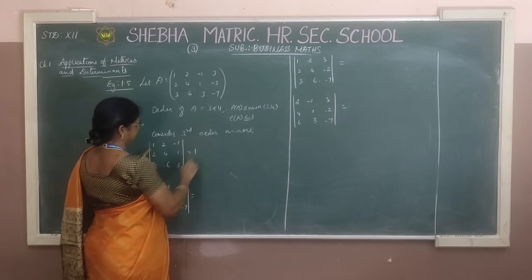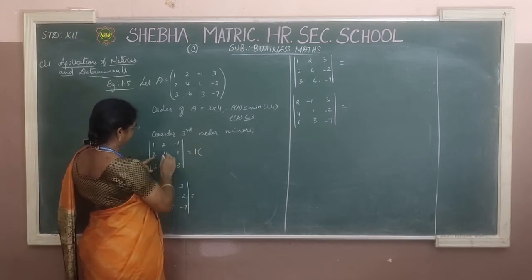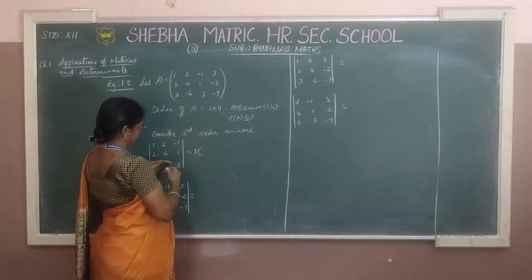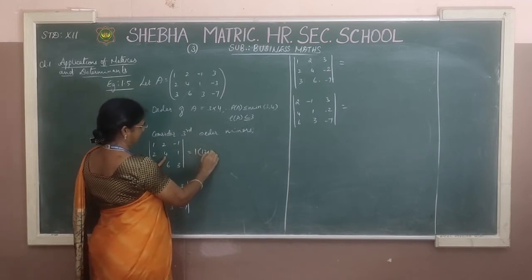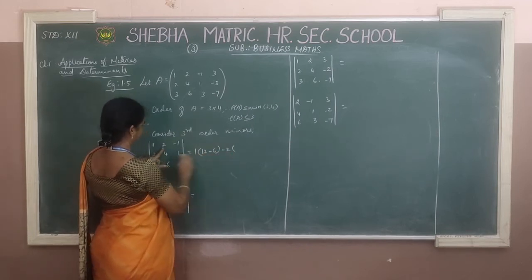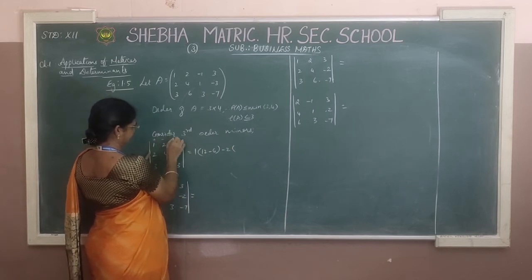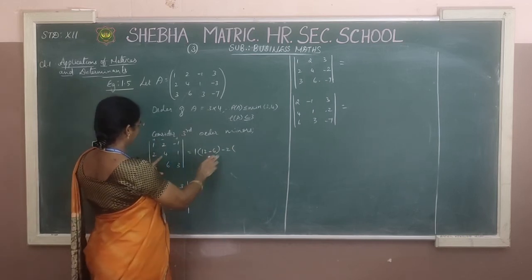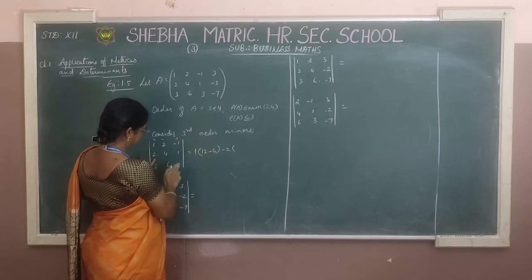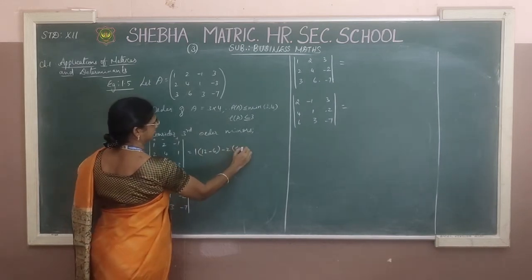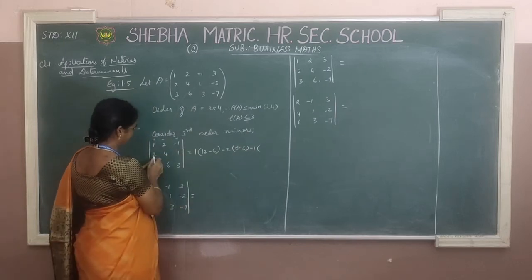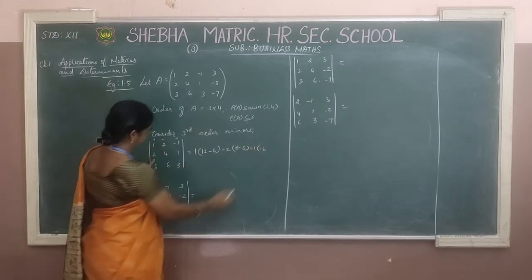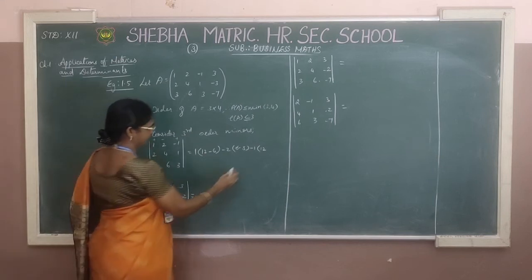First, write 1 and inside the bracket, we have to do directly, do not use the minus. 4 3s are 12 minus 6, minus 2 into, this is plus minus plus, so minus 2 into 2 3s are 6 minus 3, minus 1 into 2 6s are 12 minus 4 3s are 12.